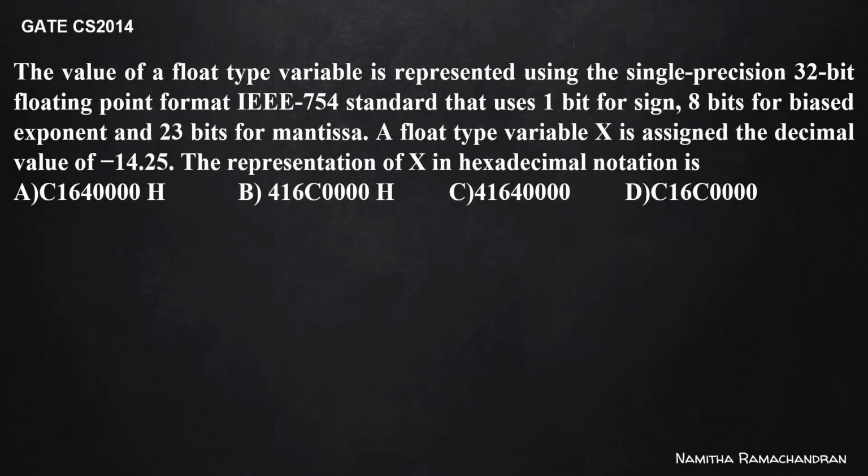The second question is, the value of a floating type variable is represented using the single precision 32-bit floating point format, IEEE 754 standard, that uses 1 bit for sign, 8 bits for biased exponent and 23 bits for mantissa. That is the description of our single precision format. A float type variable x is assigned the decimal value of minus 14.25.